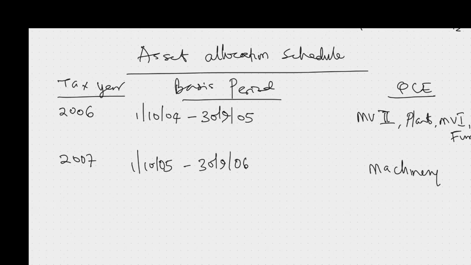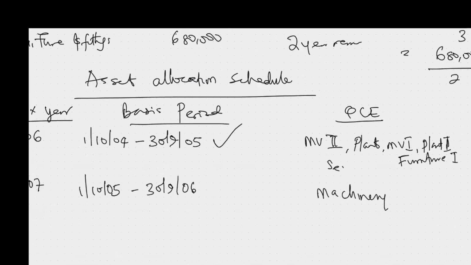This 16.705. That is motor vehicle, furniture and fitting 2 will fall within this period. Yes. So second furniture and fitting will fall in period 2.